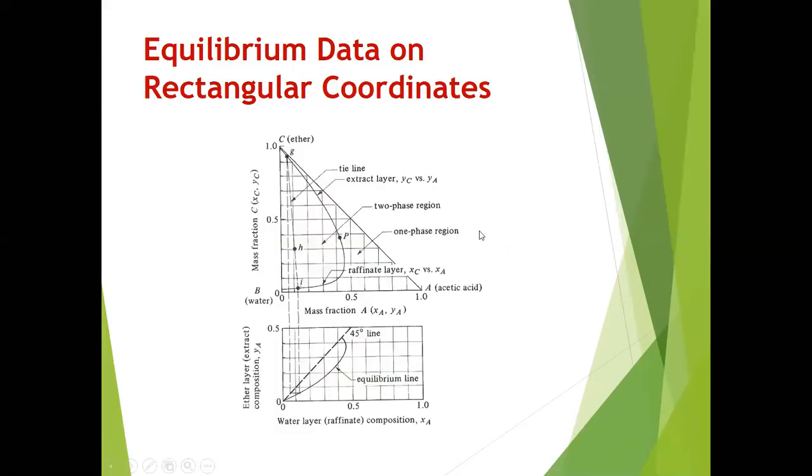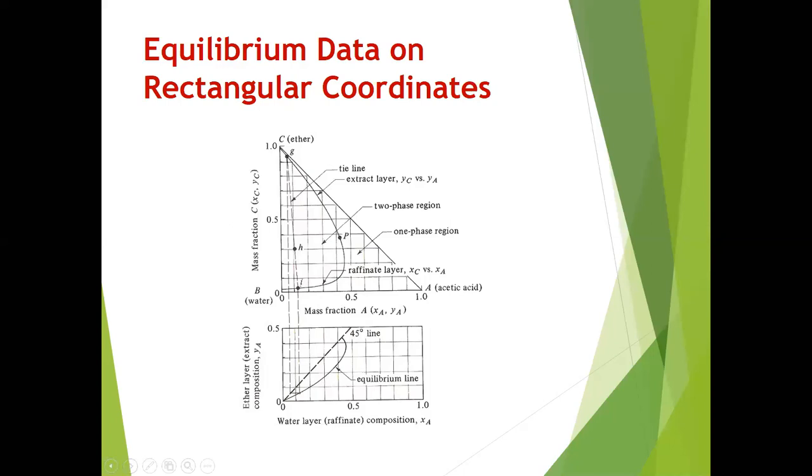extract layer. So if you recall, if somebody was writing the given information, our raffinate is to contain 0.295 acetic acid. Is that right? Our raffinate is to contain 0.295 acetic acid. I don't have anything to see here because it's not in the book. So is somebody writing it down?